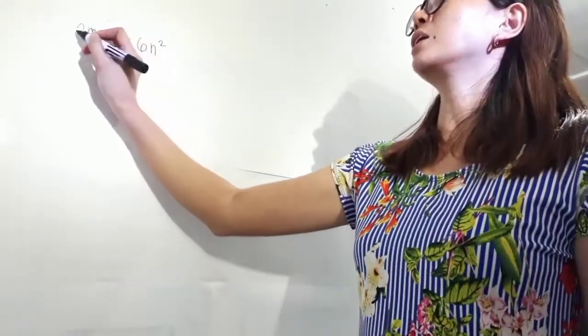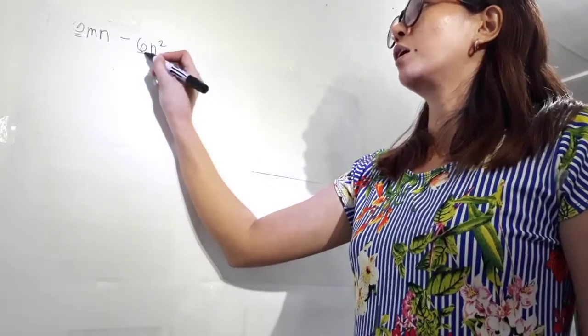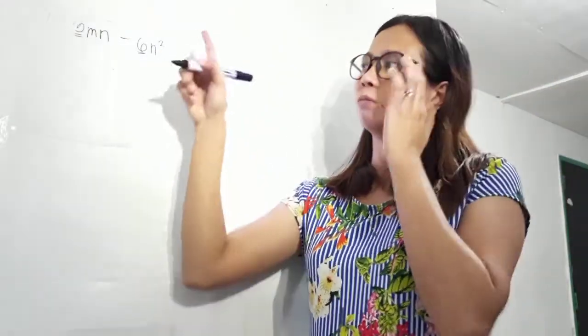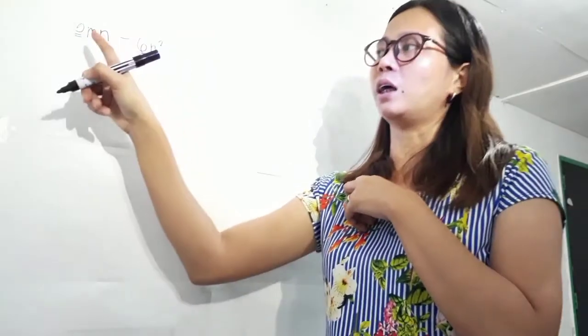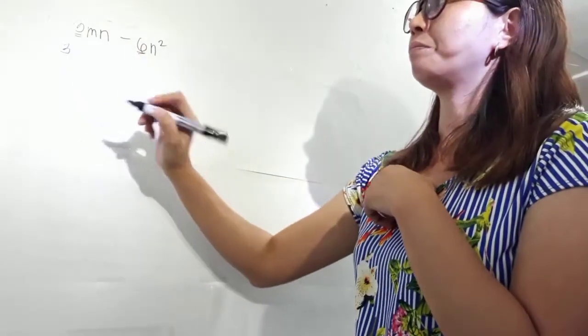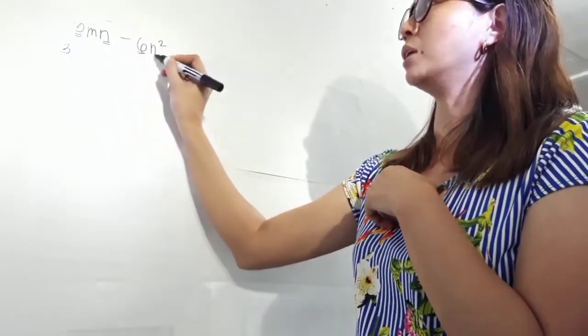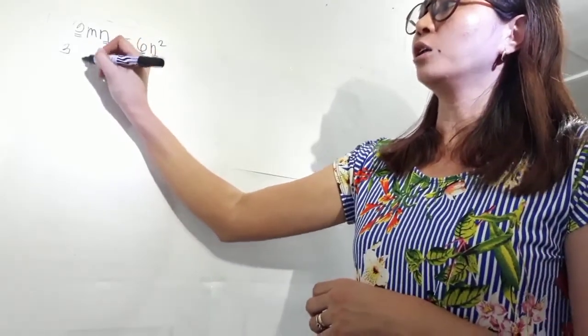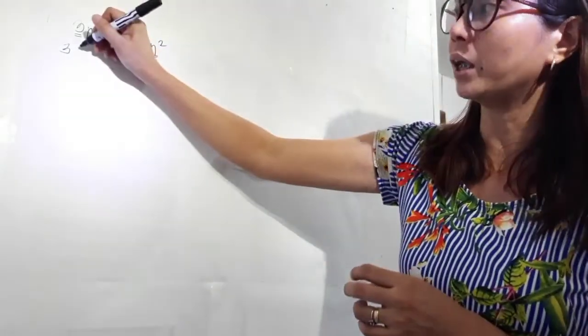Let's get the greatest common factor of the numerical coefficients, and the greatest common factor of these numerical coefficients is 3. Then, as you can see, we have the same letter common to both, that is n. So 3n is outside the parentheses.